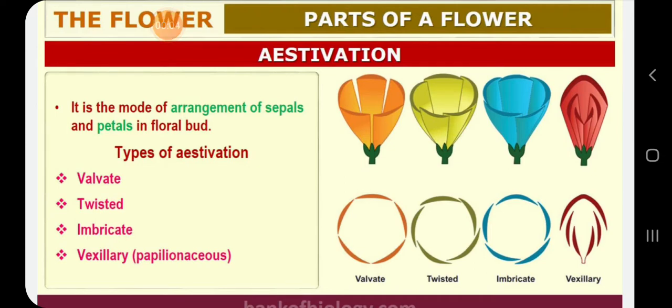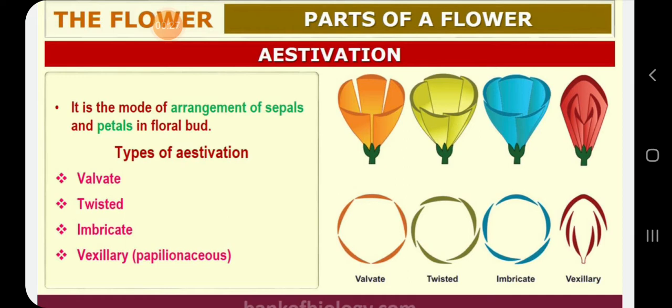This is the next part of the morphology in flowering plants. We have already talked about the types of flowers and how the parts are gamopetalous and gamosepalous, or polypetalous and polysepalous. Now we will be talking about the next portion.